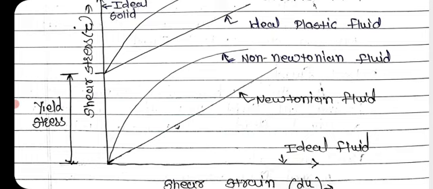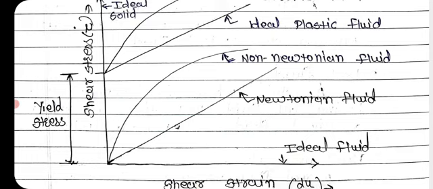So Newtonian fluid has an inclined line, which indicates a linear relationship between shear stress and shear strain, right? So from the graph you can easily write down that Newtonian fluid has a linear relationship.